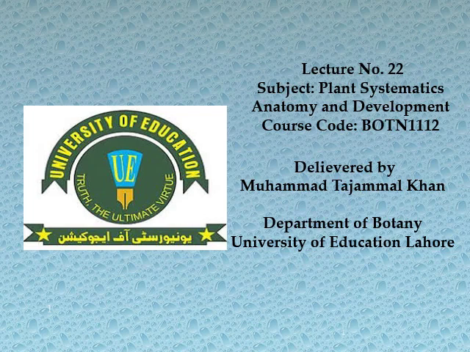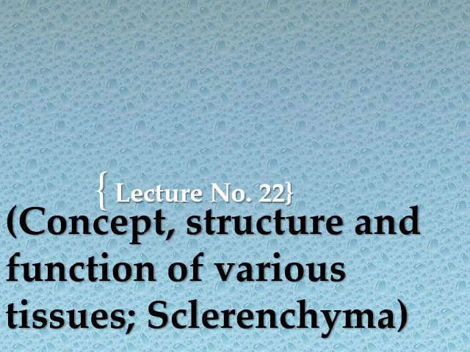Today, we will discuss a topic from the core subject of botany, that is plant systematic anatomy and development. The course code of this subject is BOTN 1112. So this is lecture number 22, in which we discuss the concept, structure and function of Sclerenchyma.